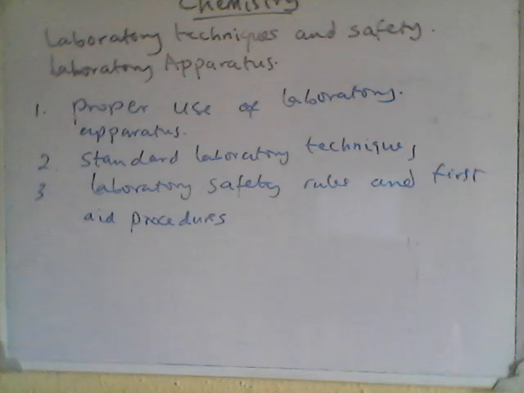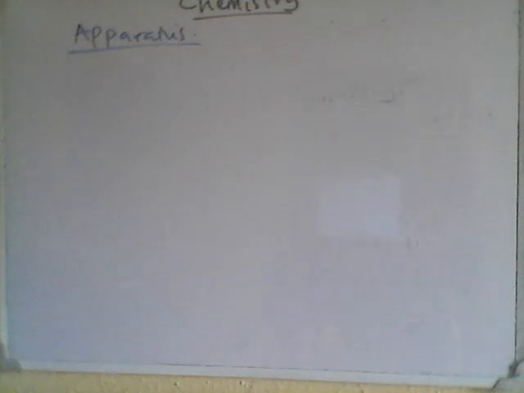So laboratory work demands caution. It demands caution, it demands discipline, and it also demands proper knowledge of equipment and procedure. So that is why we are going to be diving into this basic knowledge of what each apparatus is doing. So I'm going to be listing the common apparatus and their functions.